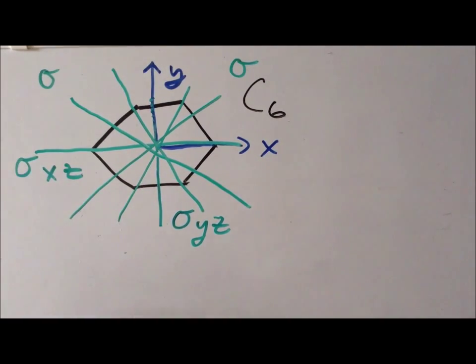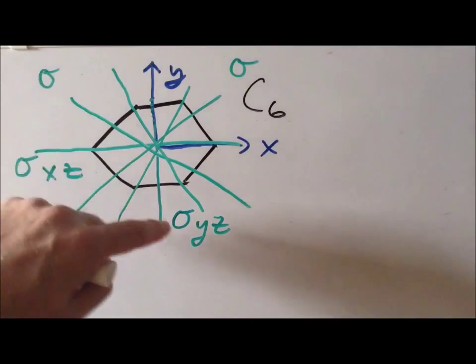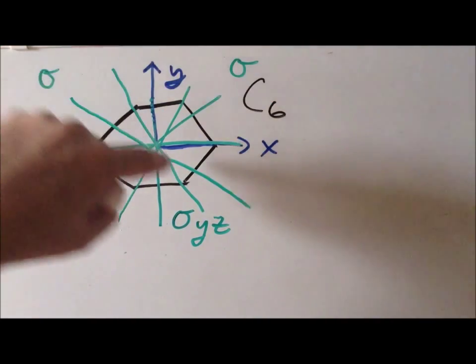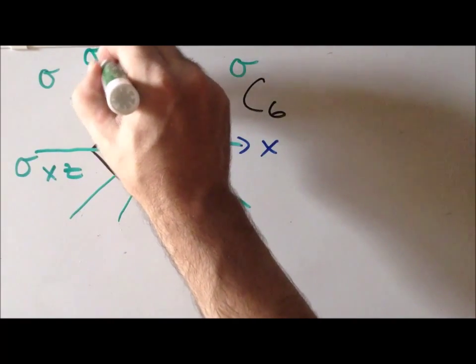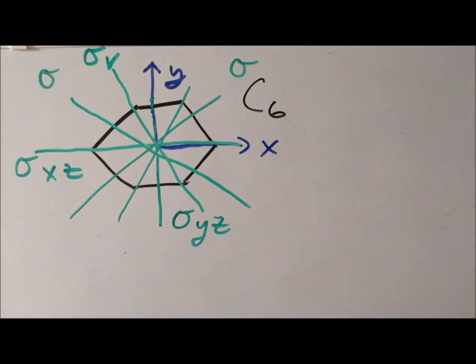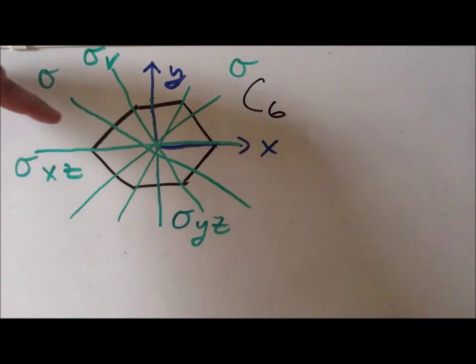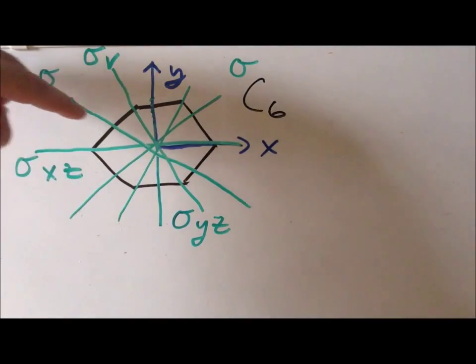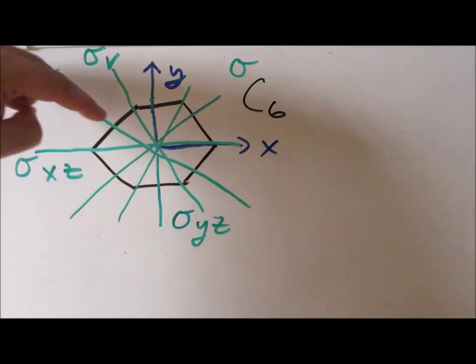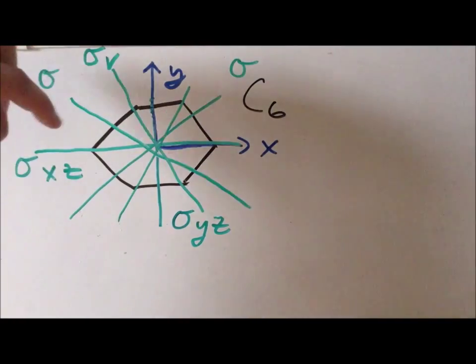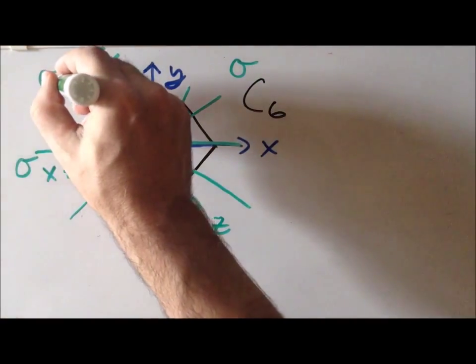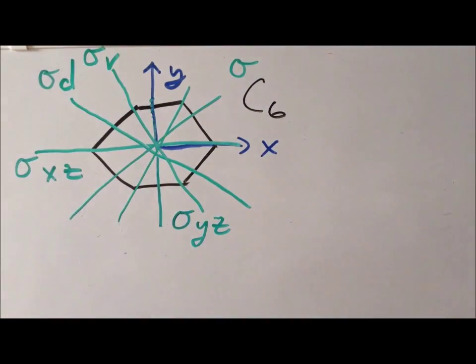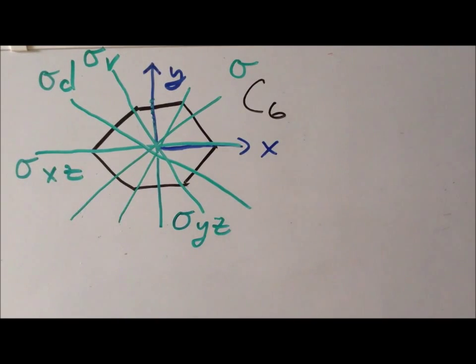When we have a mirror plane that goes through the midpoints of the sides, so it doesn't actually go through the vertices but goes in between them, that's called a dihedral mirror. So here we see the difference between a dihedral mirror and a vertical mirror. This distinction between symmetry operations that go through atoms, go through vertices, and those that don't will become clearer later on. But using this idea, we can label the other mirrors accordingly.